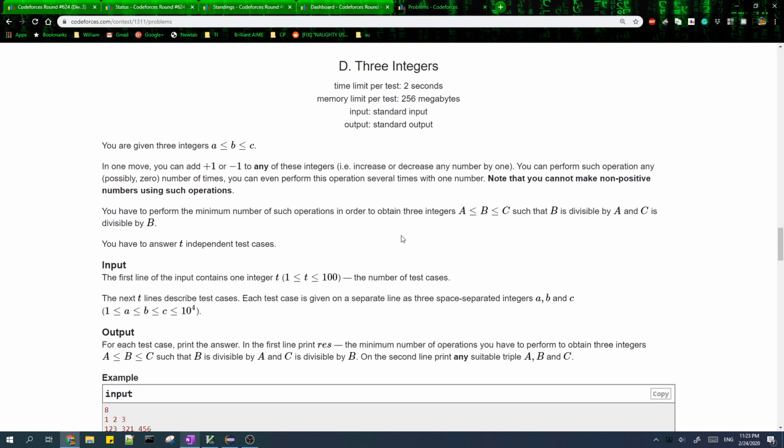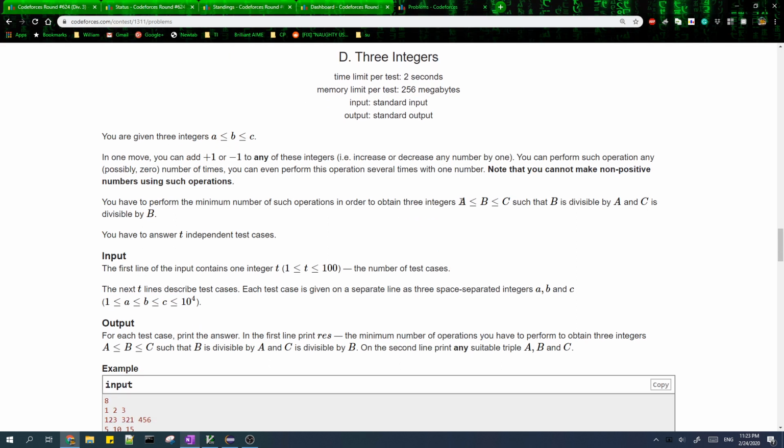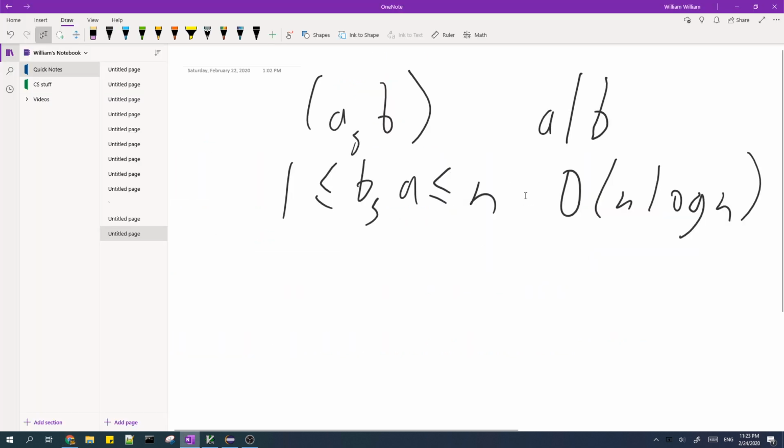So this problem seems similar, except we have triples. And by the way, this is pretty standard: the number of divisors can be approximated by this function.